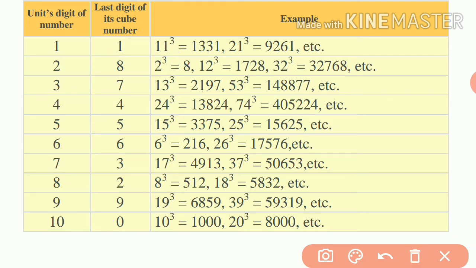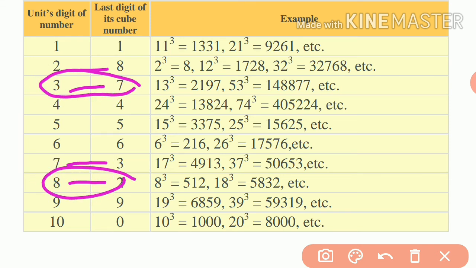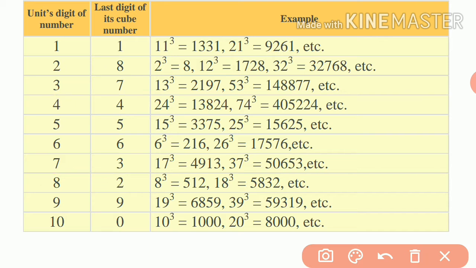It means if 2 then 8, if 3 then 7, and the reverse is also true: if 7 then 3, and when 8 then 2. So we will write this relation and use it to find the cube root of given numbers.